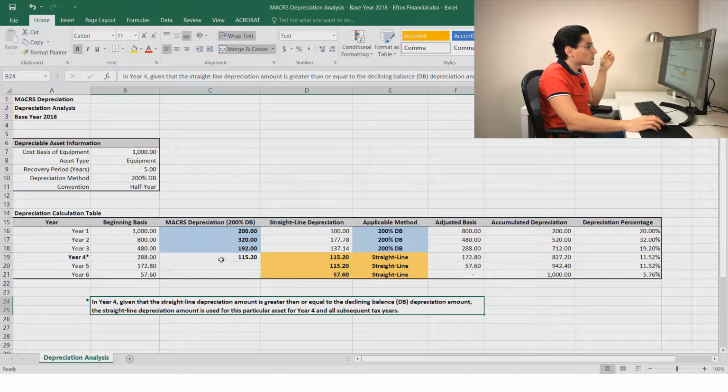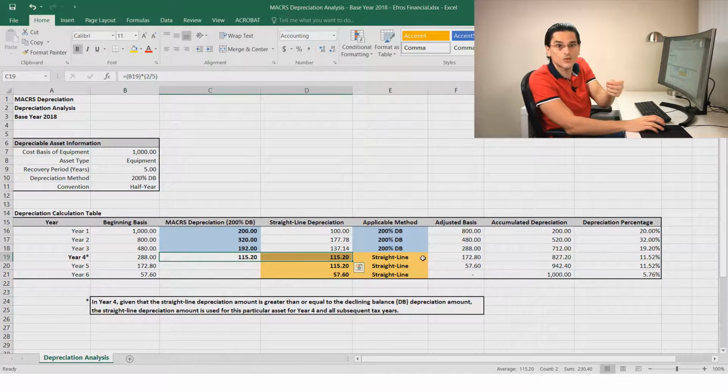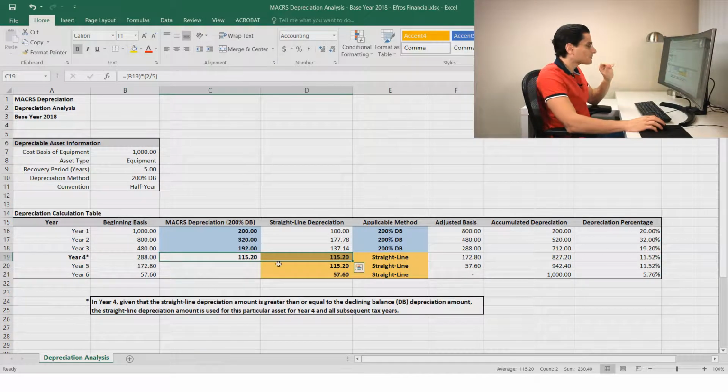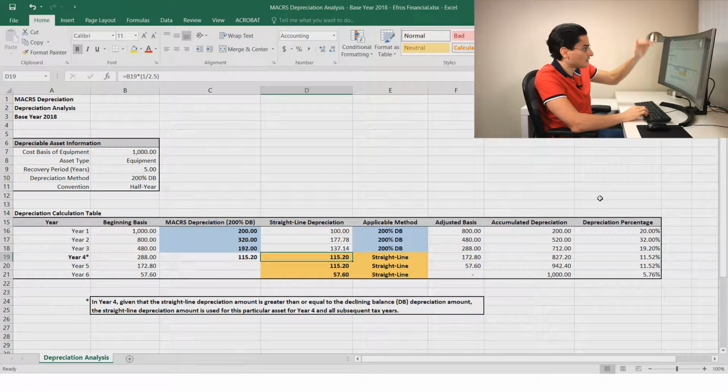And in year 4, it just so happens that it calculates to exactly the same amount. That's going to trigger the switch to straight line for that tax year and all subsequent tax years for that particular asset. So in this case, I just had this number in here just so you see that they're the same. But here we're switching over to the straight line column moving forward.